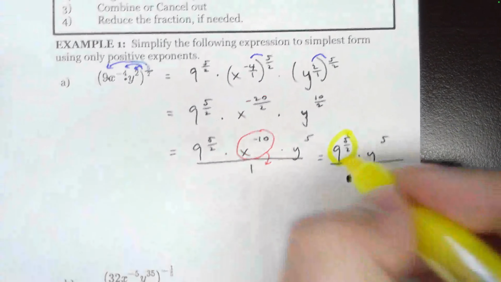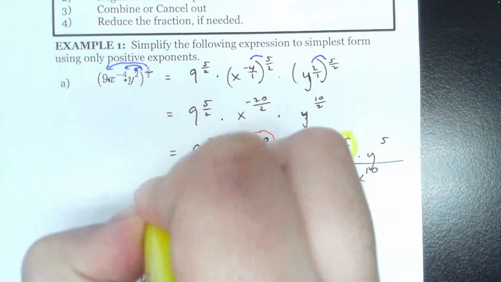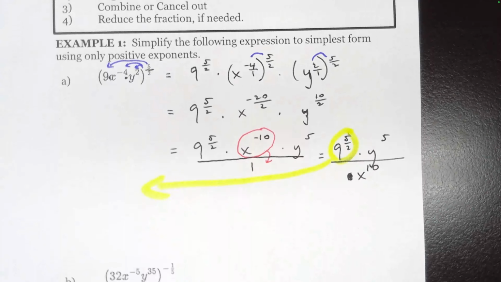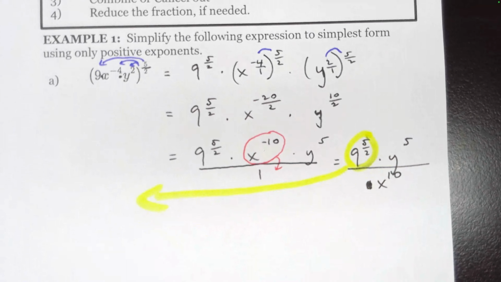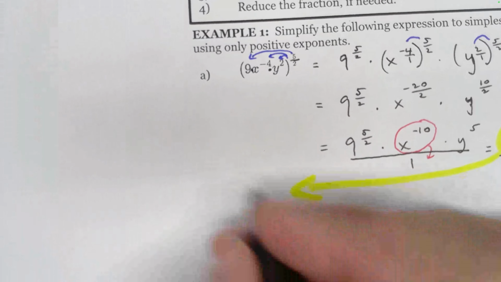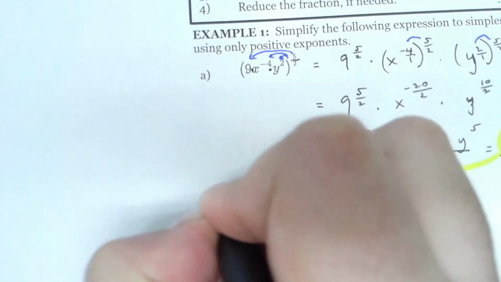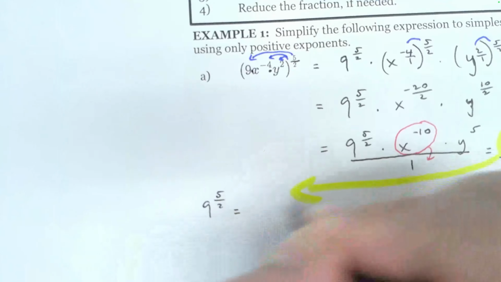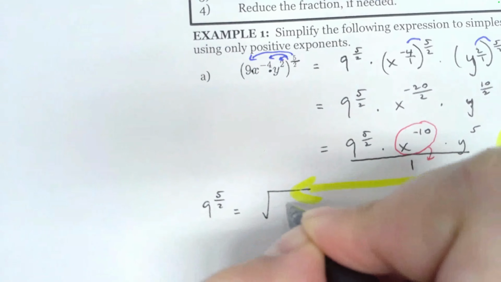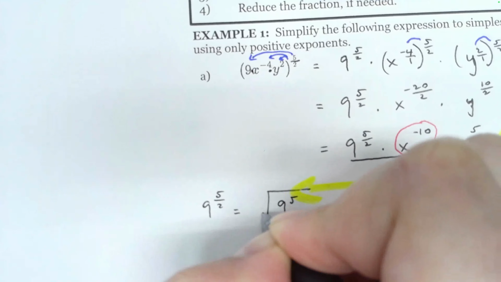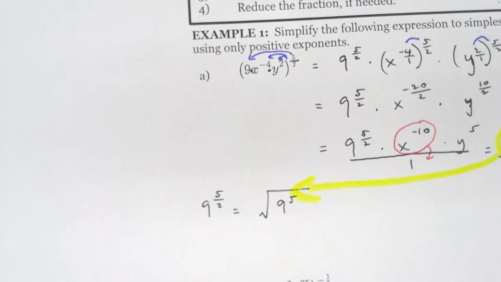What I'm going to do is go over here and simplify that guy. So this means 9 to the 5 over 2 is the same thing as the square root of 9 to the 5th, right? That's what that means.